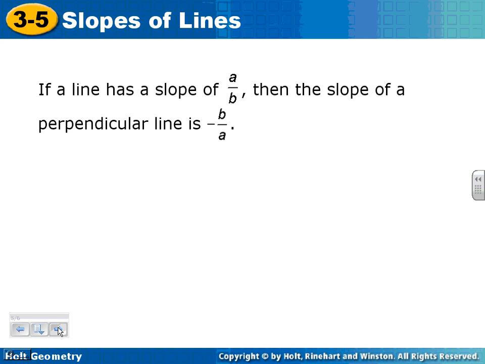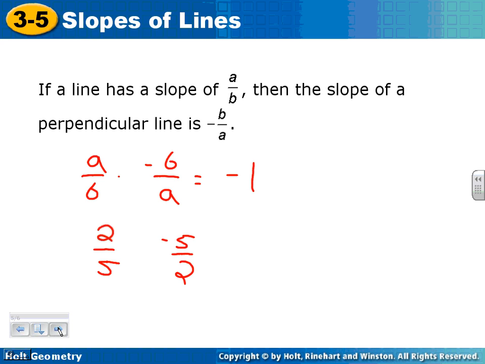On the next slide, we talk more about that. If a line has a slope of a over b, then the slope of a perpendicular line is -b over a. And if I multiply those, a over b times -b over a, that equals -1. In other words, I'll give you an example with numbers. 2 over 5 and -5 over 2. If you multiply those, they equal -1.